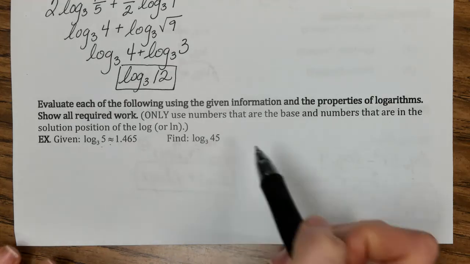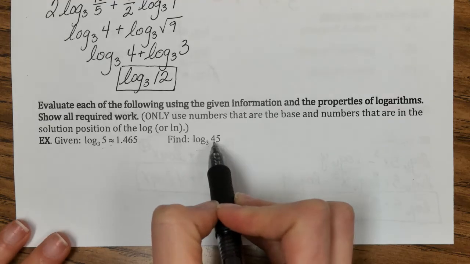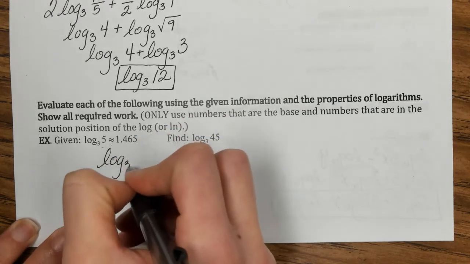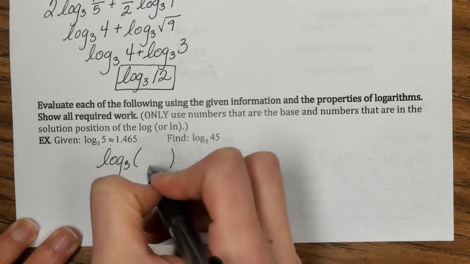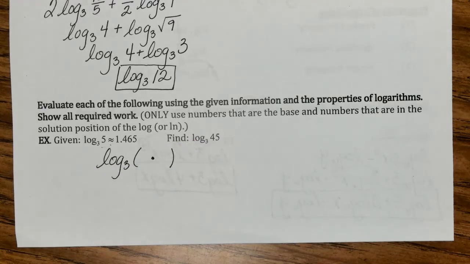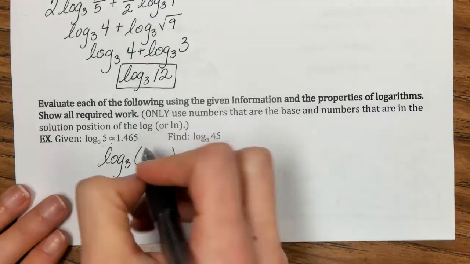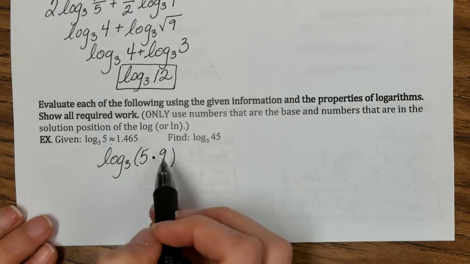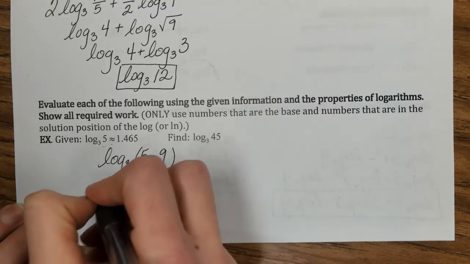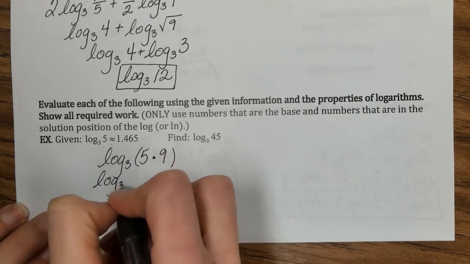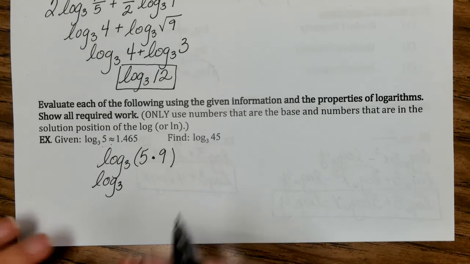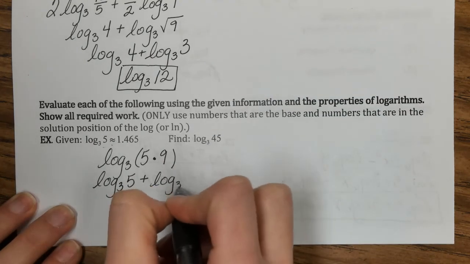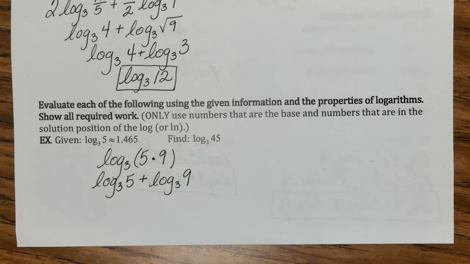So if I'm doing log base 3 of 45, that's what I want, okay? What can I multiply to get 45? 9 and 5. I can multiply that, so I can then separate, I'm going to expand it, log base 3 of 5 plus my log base 3 of 9.